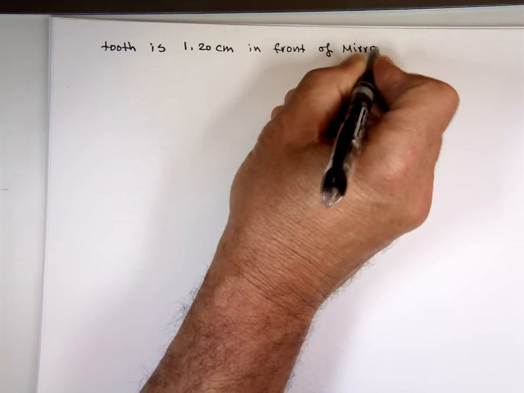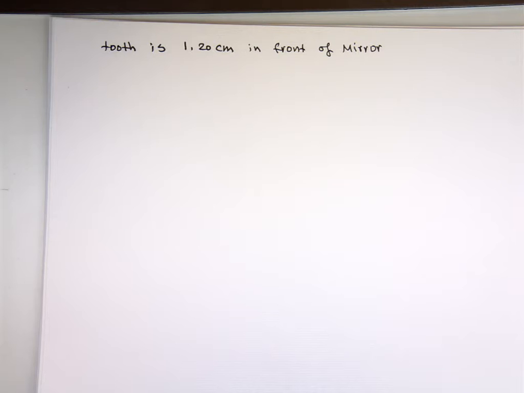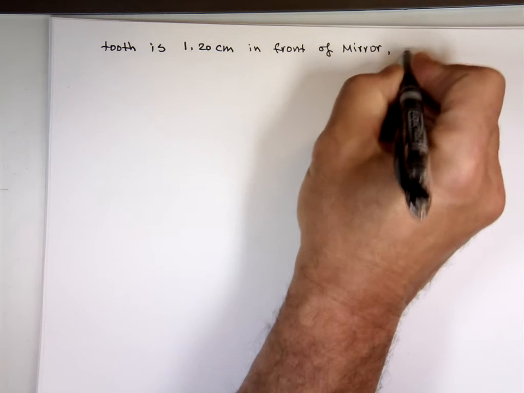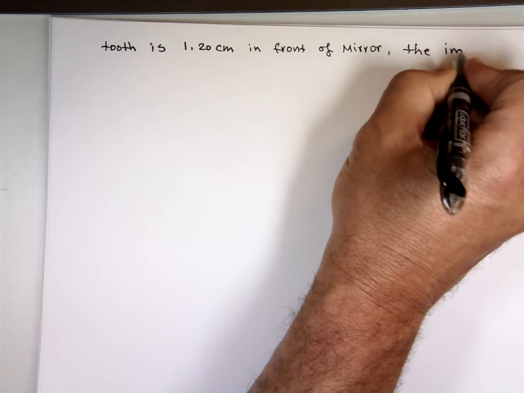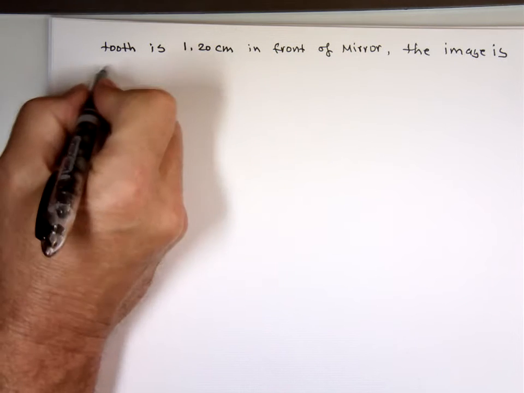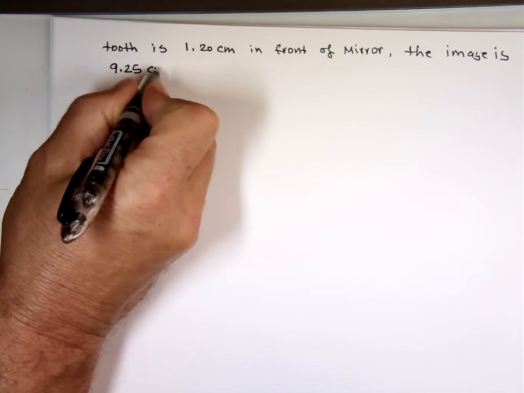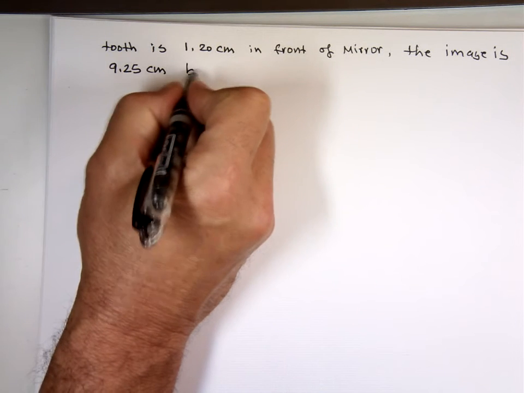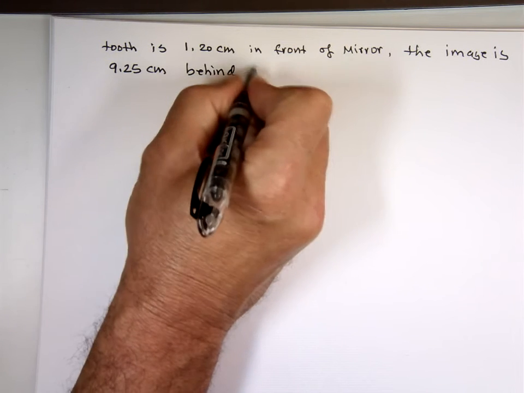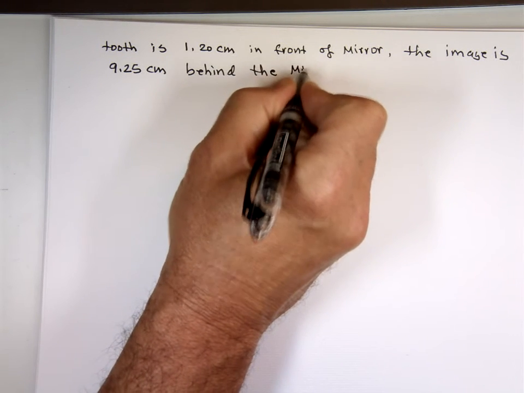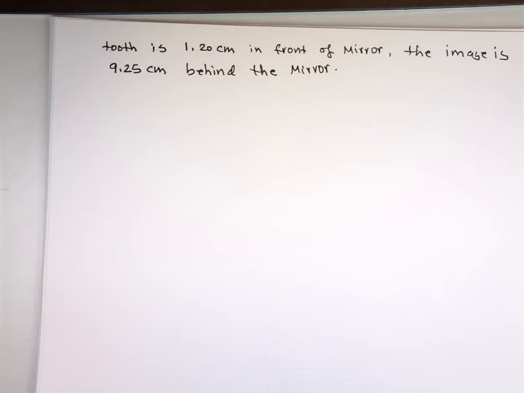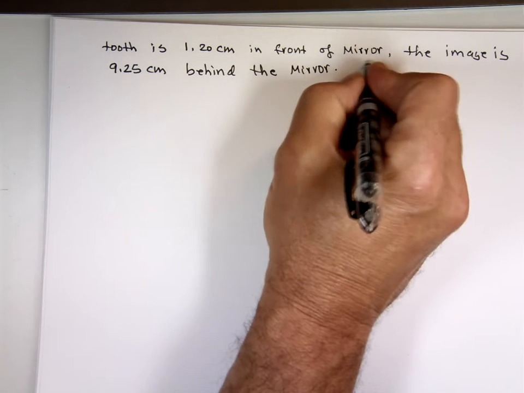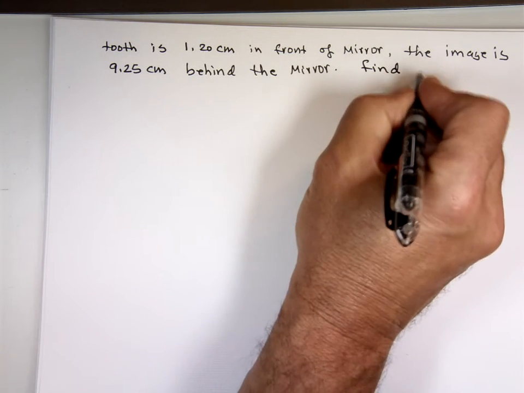The image is 9.25 centimeters behind the mirror. Find the focal length of the mirror and the magnification. Find A, the focal length, which is f, and B, find the magnification m.